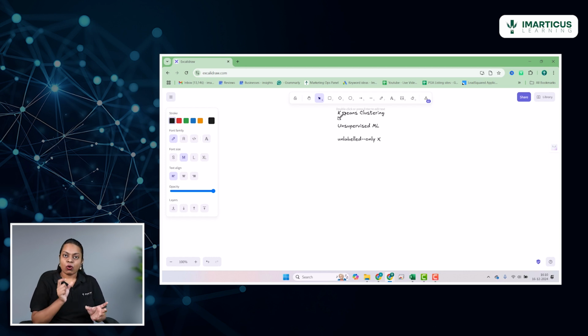That is how, on the basis of the similarity distance metric, which is the Euclidean distance, the k-means clustering algorithm tries to group your data points into groups known as clusters, and that's the reason for the term clustering.